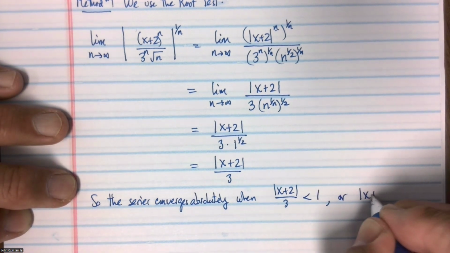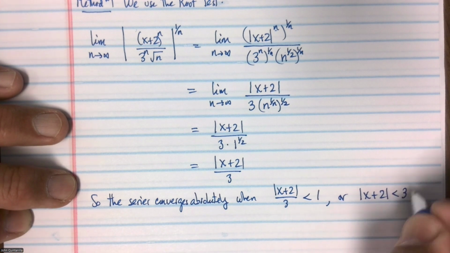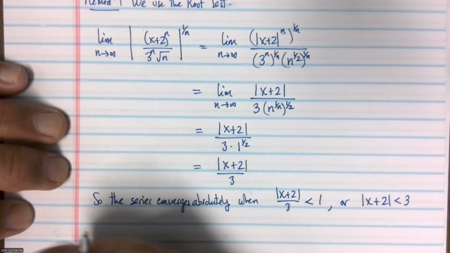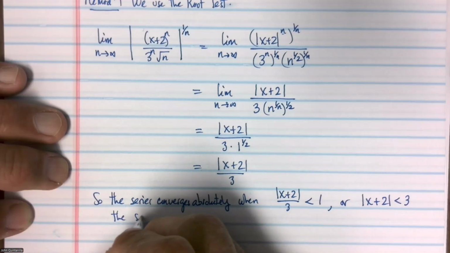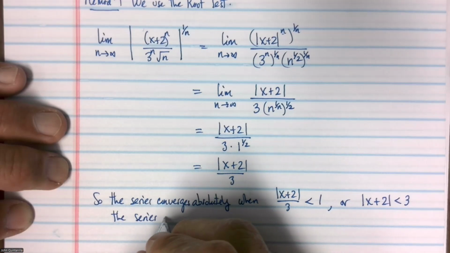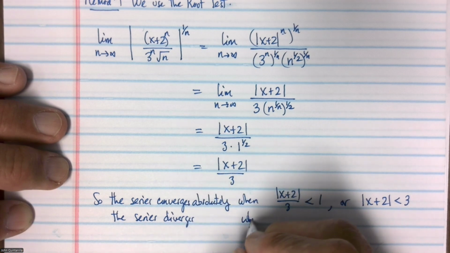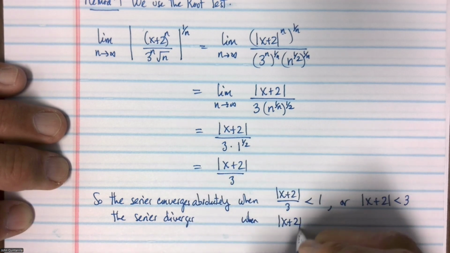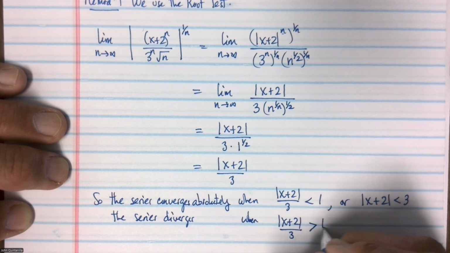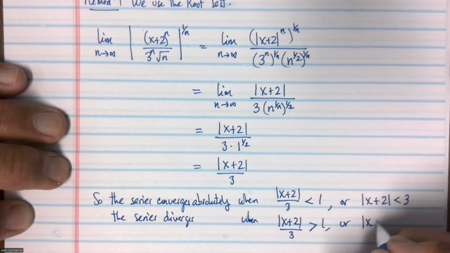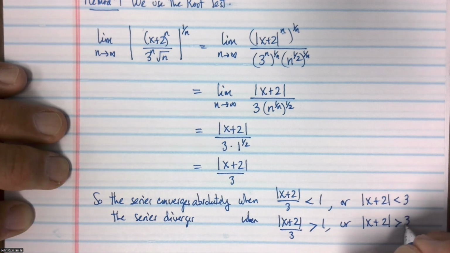Or said another way, when absolute value of x plus 2 is less than 3. Also, the series diverges when the same quantity is greater than 1, or when the absolute value of x plus 2 is greater than 3.